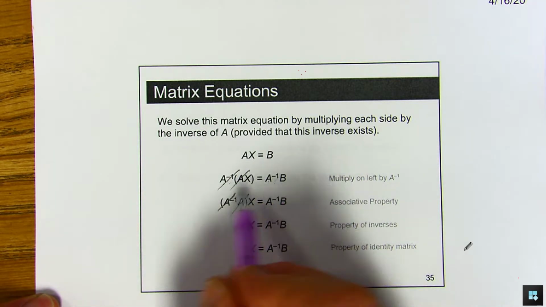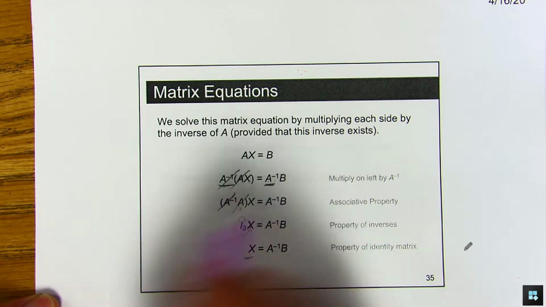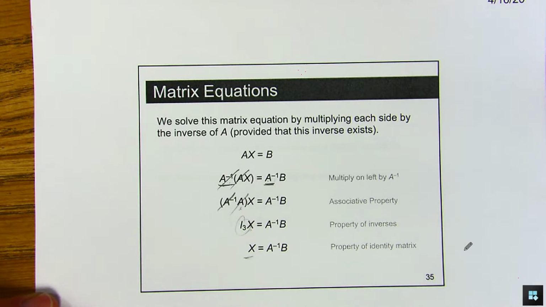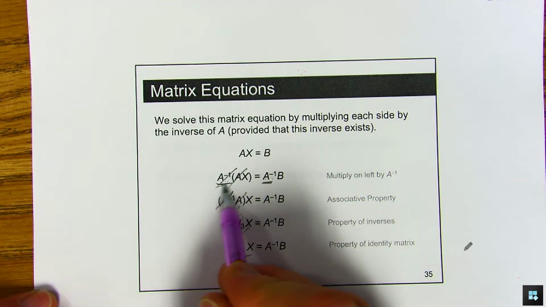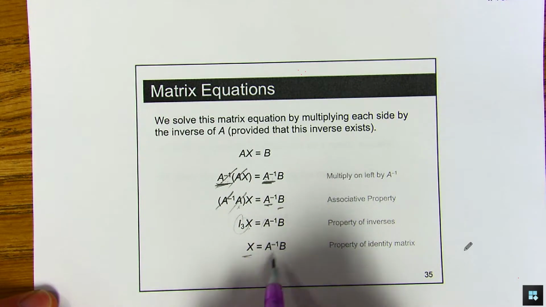Now please note, this inverse is on the left. You got to keep it on the left. Remember, matrix multiplication is not commutative. So if you don't put it on the left, you will get the wrong answer. So you have to multiply by the inverse on the left. Therefore, X is equal to the inverse of A times B.